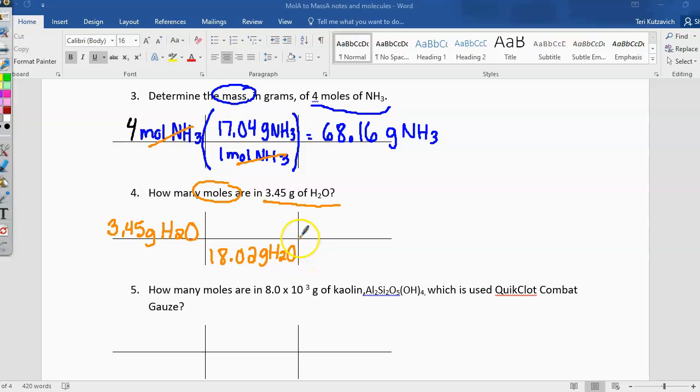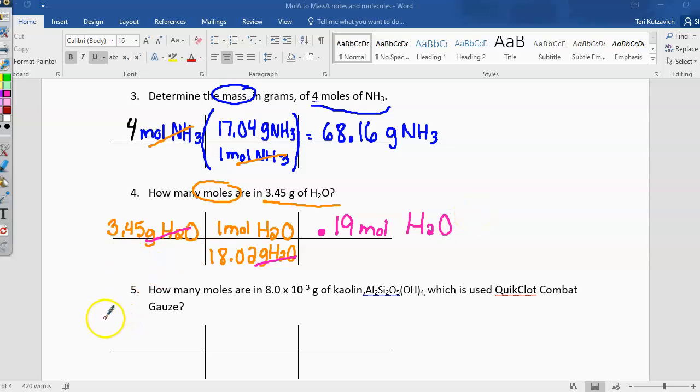What always goes on the opposite side of grams? 1 mole of the same substance. So make sure your units cancel appropriately, and you take the number out front, multiply by what's on top, divide by what's on bottom, and you get 0.19 moles of H2O.